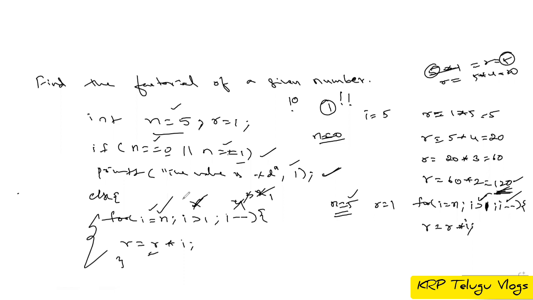Write like this, we will write the program. Can I erase? Yes, sir. Now you tell me, what do we have to write? void main, int n is equal to 5, r is equal to 1.